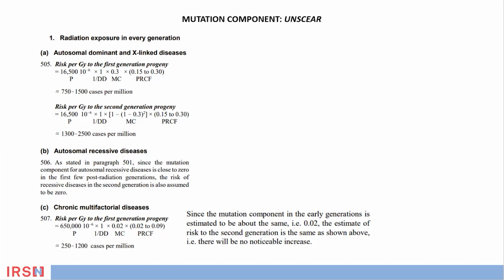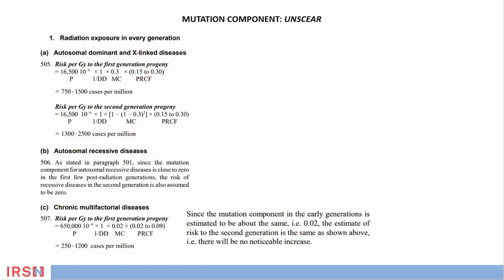So should we then sum both? Then we have 750 plus 1,300 is 2,000, and 1,500 plus 2,000 is 4,000. But in the end, I think they considered heritable effects until the second generation, right? So this means that you have to sum the effects up. Or how did they do that?